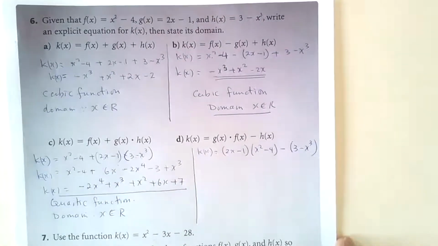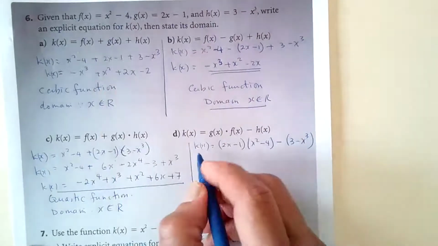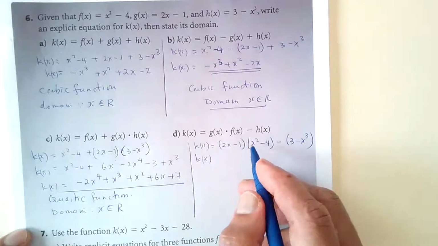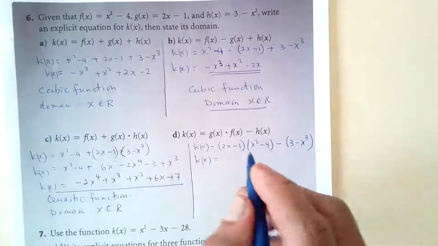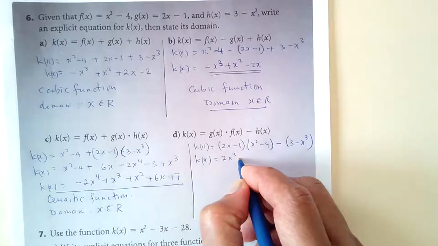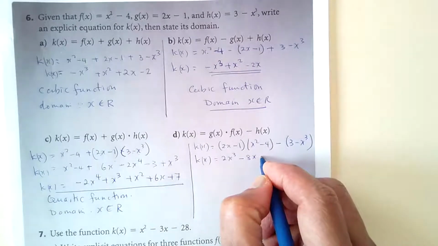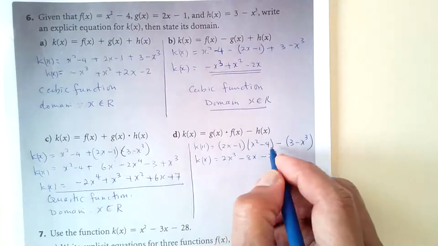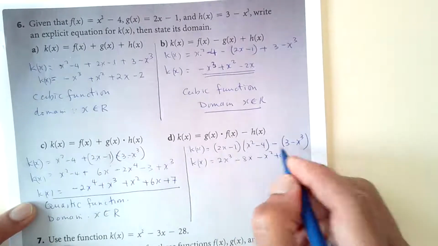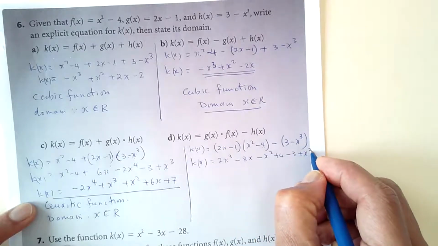So now k of x, combining them, so we have 2x times x give me 2x to the power 3. Then we have minus 8x, minus x squared, plus 4 minus 1. Then we have minus 3 plus x cubed.